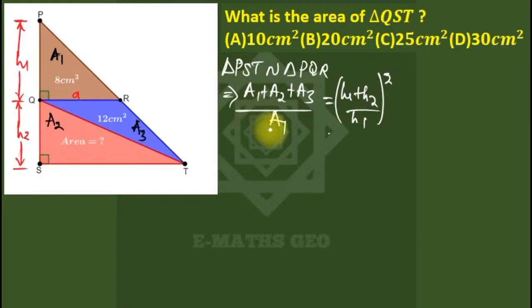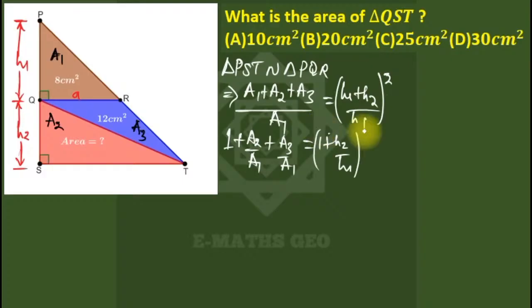So you can see that this over this is 1 plus A2 over A1 plus A3 over A1 equal to, this is 1 plus H2 over H1 all squared. Okay, we are not given A2, we are given A1.